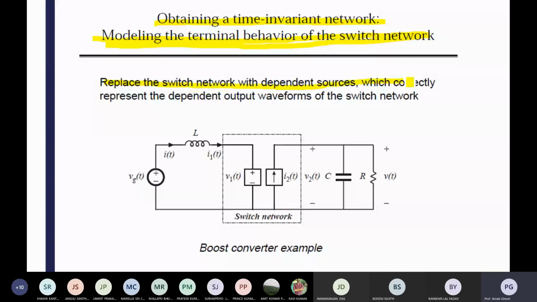And i2 is dependent on v2 and the input side, the left hand side parameters. Now you have to calculate it.